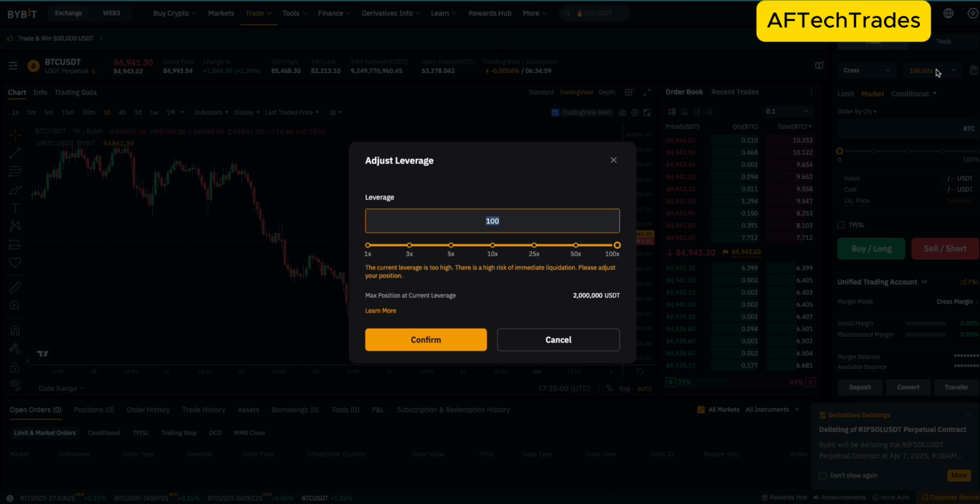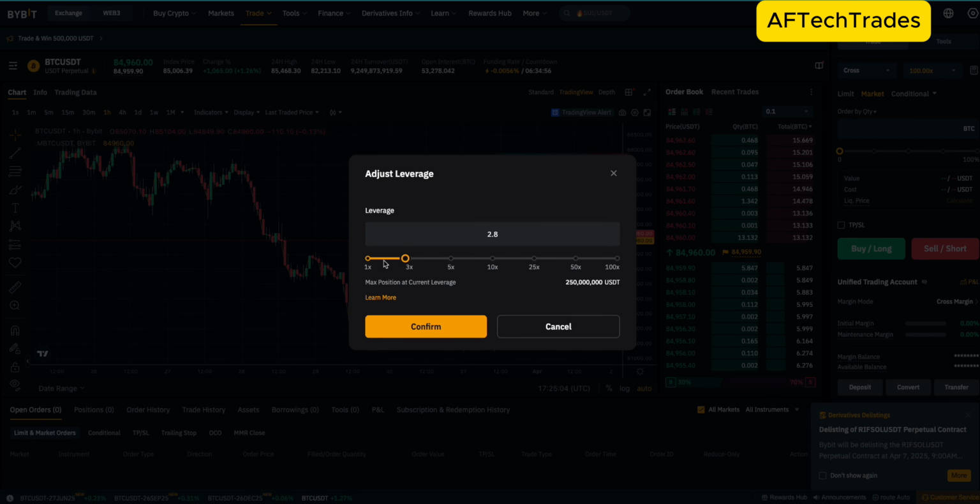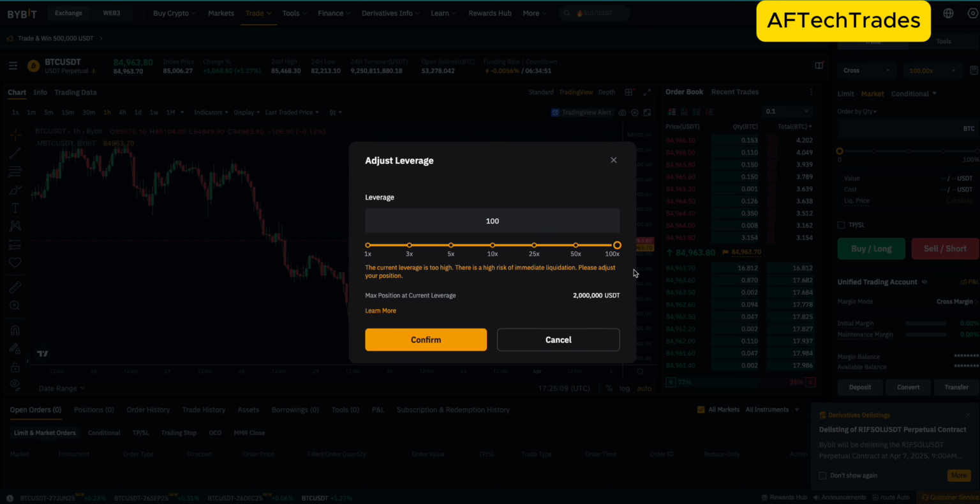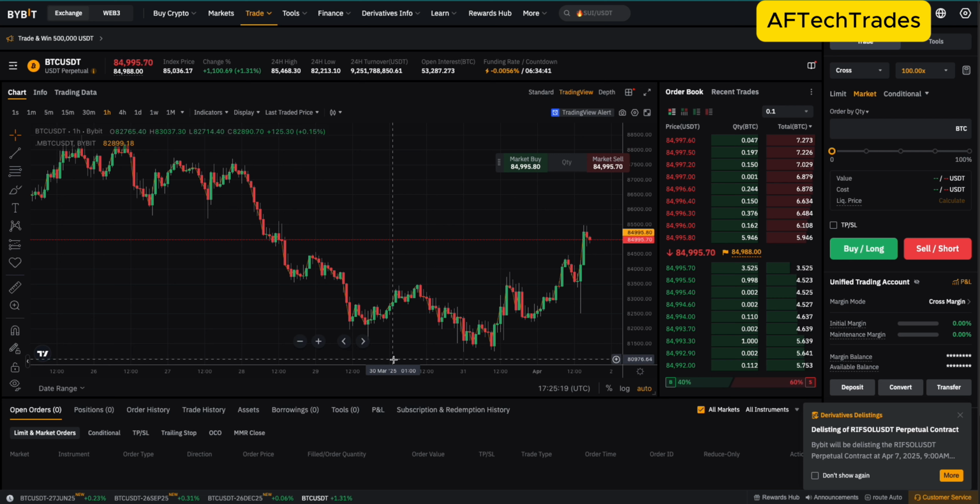You can see here is the leverage section, and you can add any leverage of your choice from 1 to 100, depending on the exchange. Some exchanges will give as high as 200 leverage or above, right? As you know, with everything good as it seems, there are risks involved.